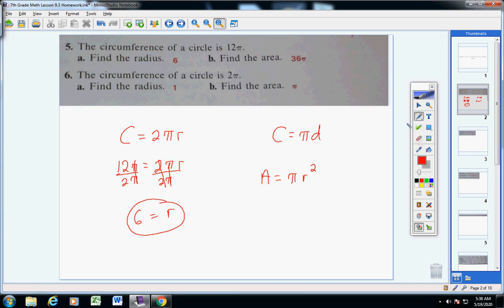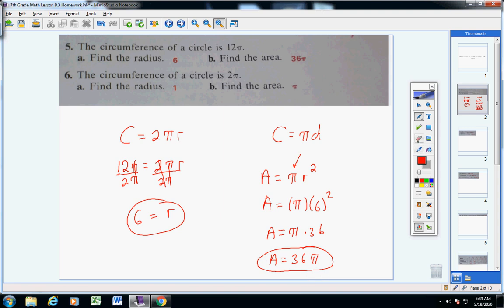Okay, so I want you to leave pi, just pi. So pi is pi, and my radius is 6. Square your radius, and you have pi times 36. And of course, 36 times pi is 36 pi. There we go.